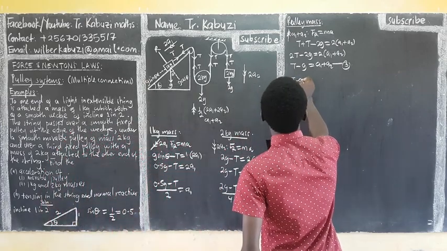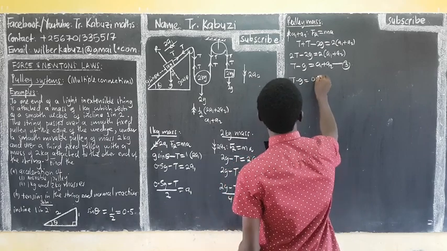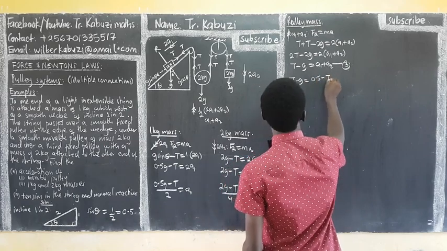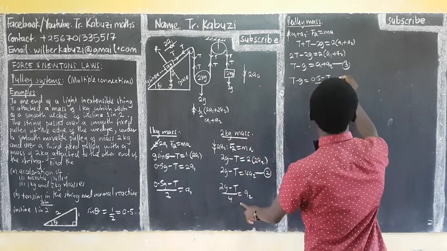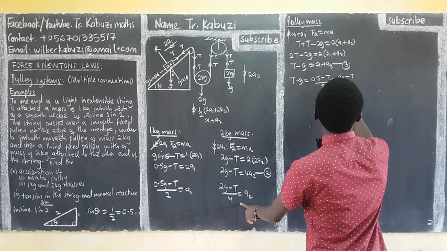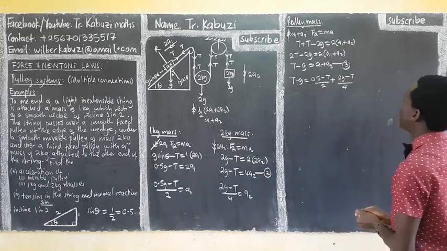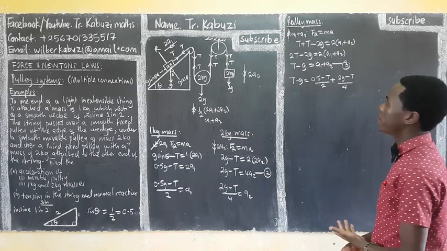So 2T minus B equals A1, which is 0.5B minus T over 2, plus A2, which is 2B minus T, the whole over 4. What's the LCM? This is over 1, 2, 4, so the LCM is 4.